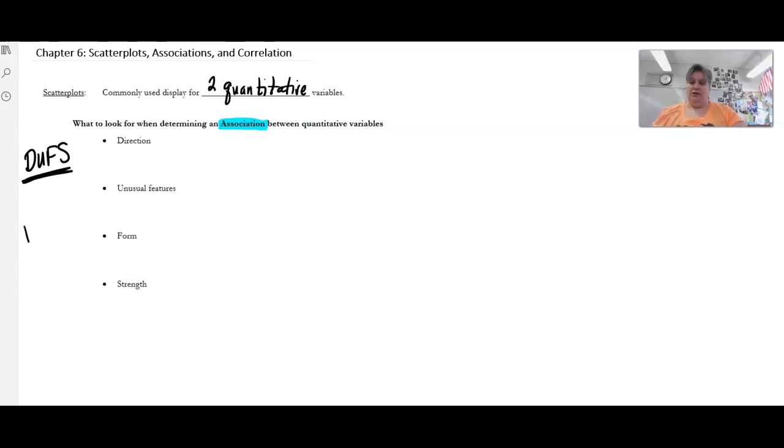Okay, still going to use context. Remember, for histograms, we would use SOCs. Now we're using DUFs. When we describe direction, you have two options. It's either going to be positive because it goes up, or it's going to be negative because it goes down.